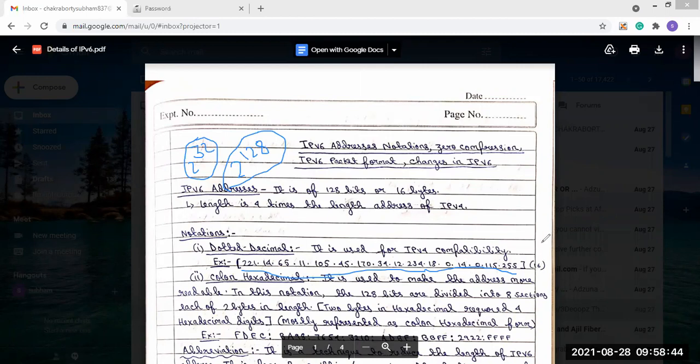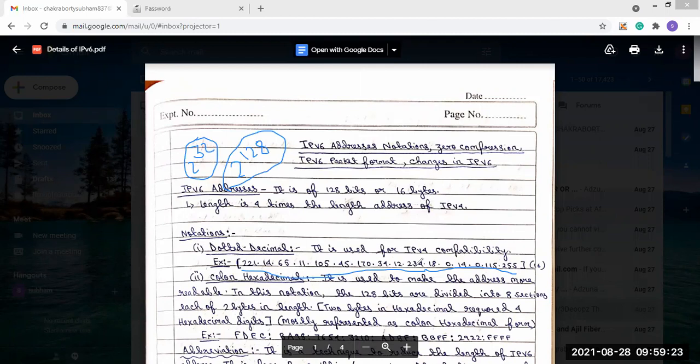So the address will look like this: 221.14.65.11.105.12.170.34.12.234.18.0.14.0.115.255. If we write the IPv6 address of any device using dotted decimal, it will look like this, because with 16 bytes there will be 16 sections.